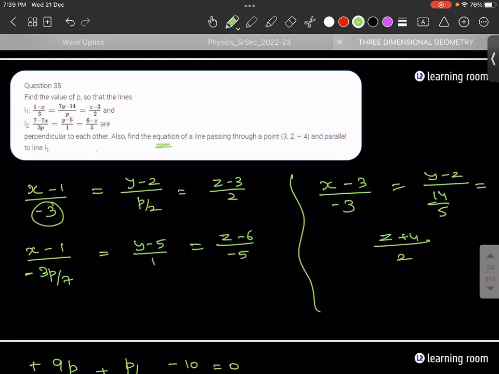They've given it as x minus 3 by minus 3, y minus 2 by 1.